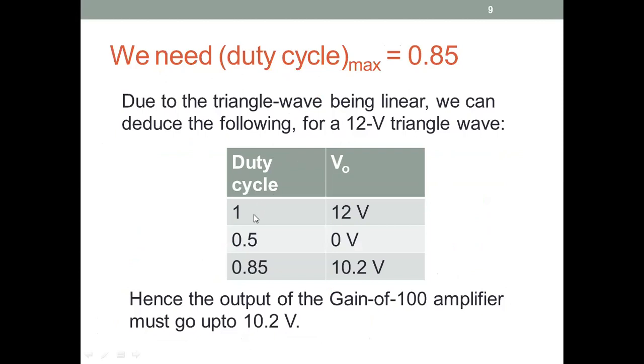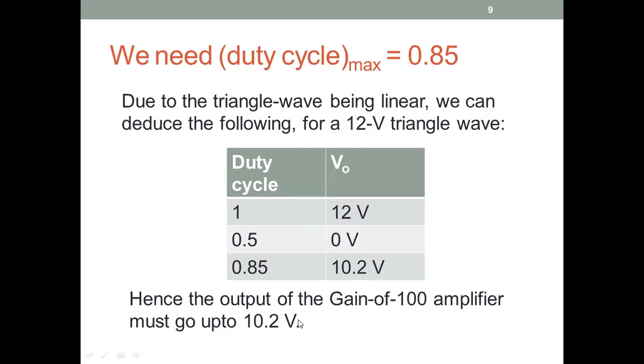Duty cycle 1, VO has to be 12 volts; duty cycle 0.5, VO has to be 0 volts. Because the triangle wave is linear, we can extrapolate, just think of this as a straight line. And so for a duty cycle of 0.85, the output voltage of the gain of 100 amplifier must go up to 10.2 volts.